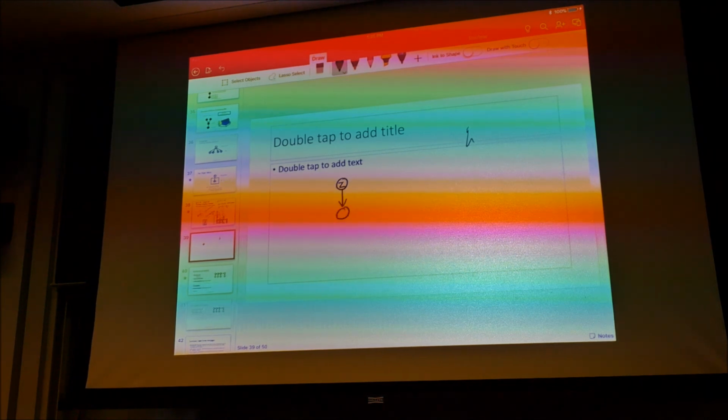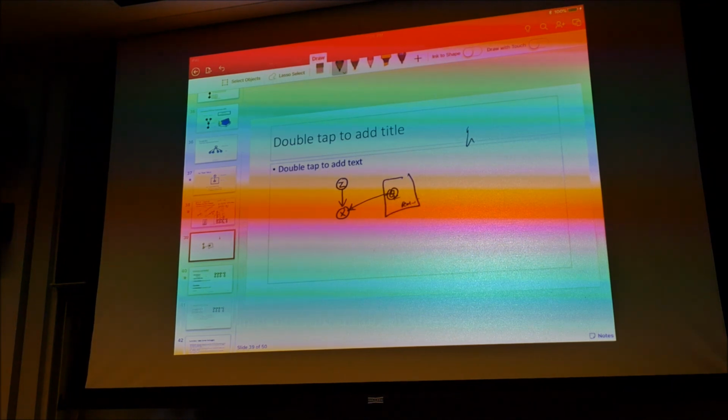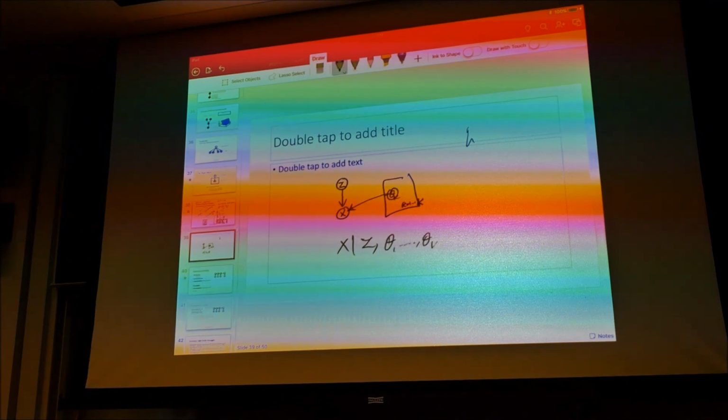I have X, and I need to know the thetas, and there are K of them, right? So to generate X, you have to know Z's, and you have to know all of the thetas. And Z says, should I choose this one, or should I choose this one? So it's already encoded.